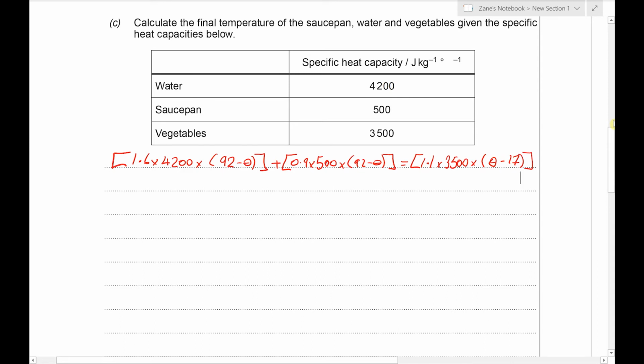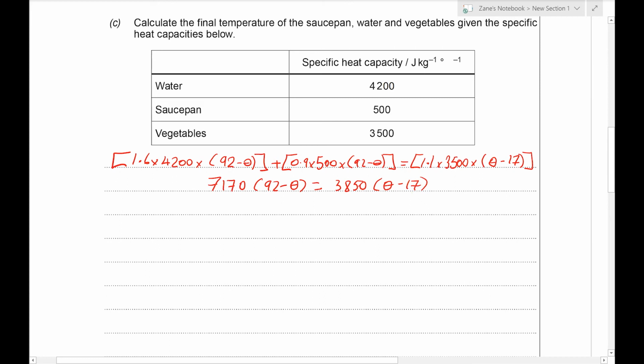We can factorize 92 minus theta on both sides and add the terms of 1.6 times 4,200 to 0.9 times 500, and we will then get 7170 times (92 minus theta) equals 3,850 times (theta minus 17).